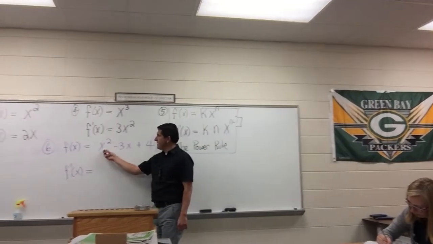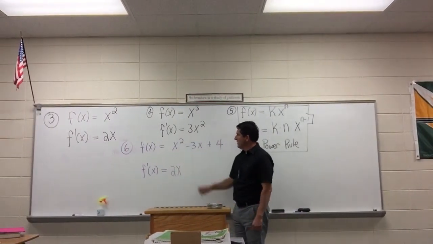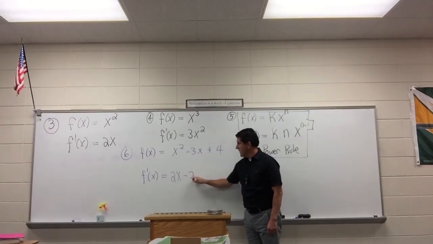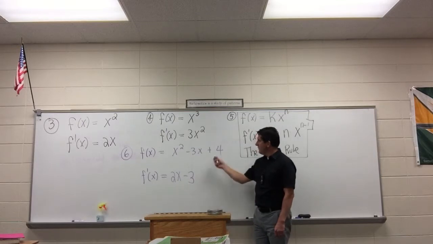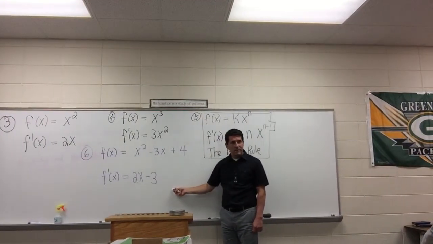So the derivative of x squared is 2x. The derivative of minus 3x is minus 3. And the derivative of the 4 is 0. I can put the 0 in here, but then we simplify it.